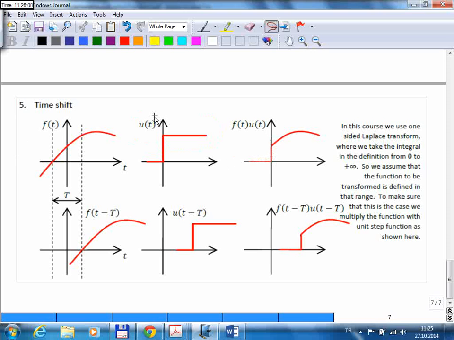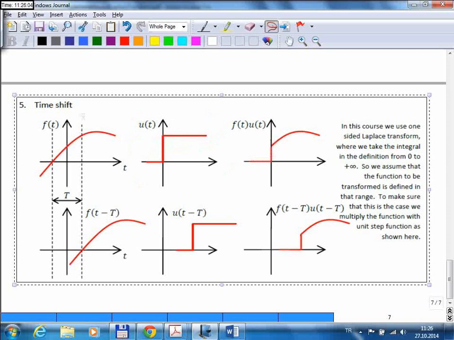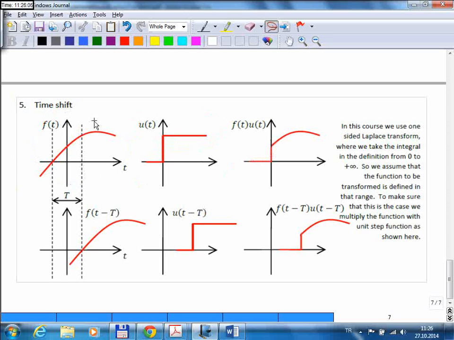This is our unit step function. When you multiply this with the function, the values at negative time will automatically become 0, since you multiply with 0, and the values for the positive time axis don't change since you multiply with 1. So this is f of t times the unit step function.